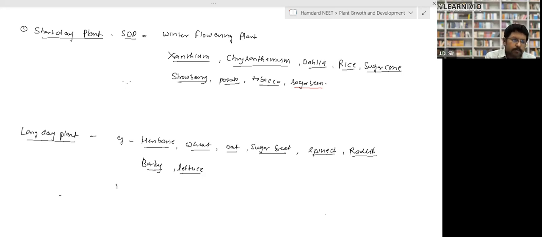Example, henbane, wheat, oat, sugar beet, spinach, radish, barley, etc.